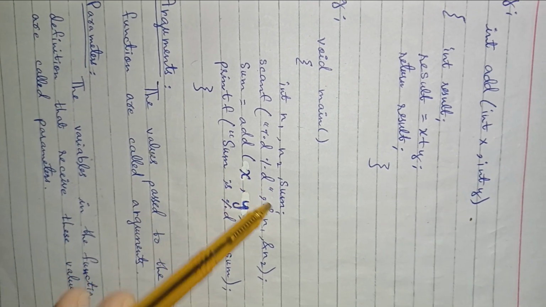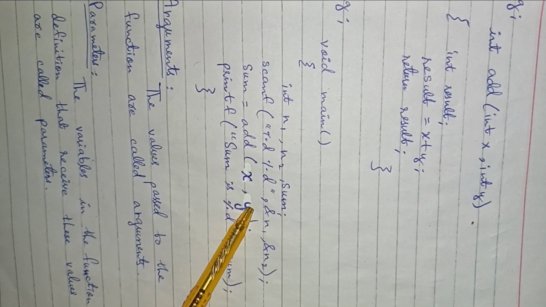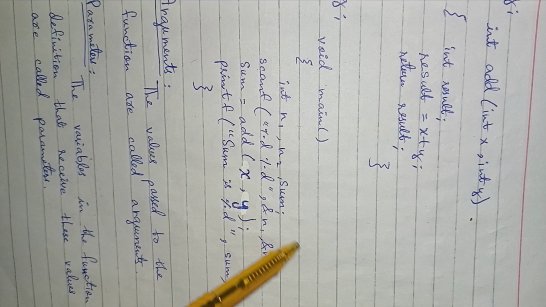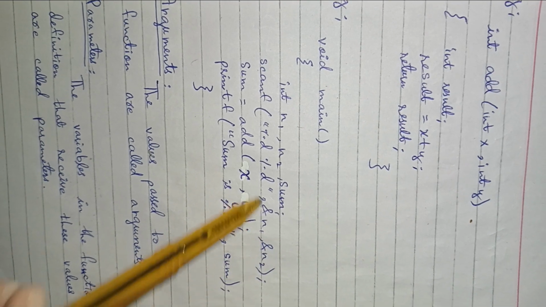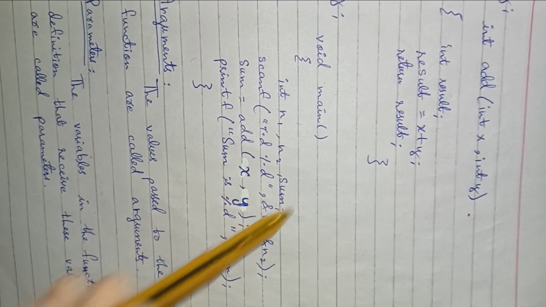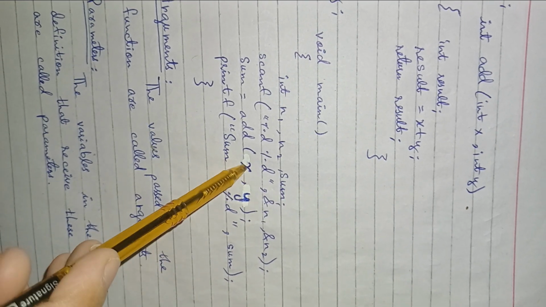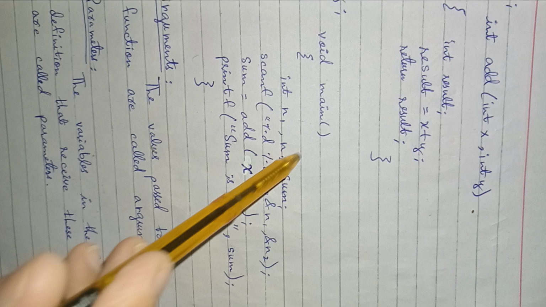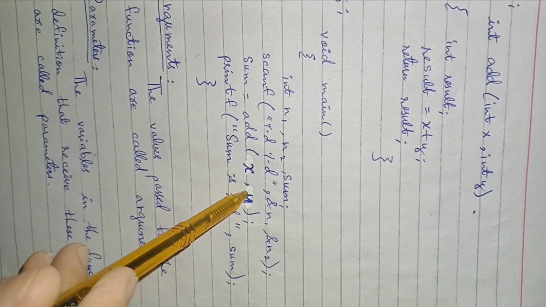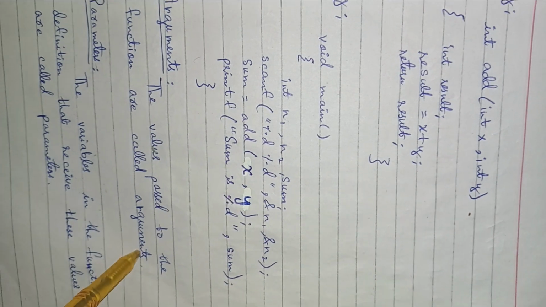So the function makes a copy of the variable, right? As you see here, when n1 and n2 are passed, the function add copies these variables, okay? The variable x is the copy of n1 and the variable y is the copy of n2, right?